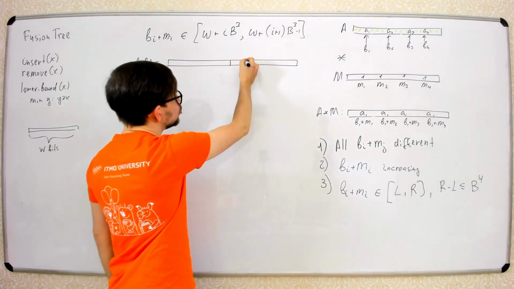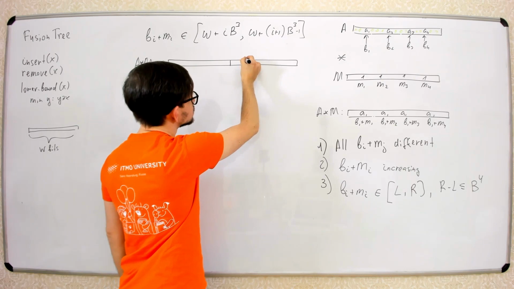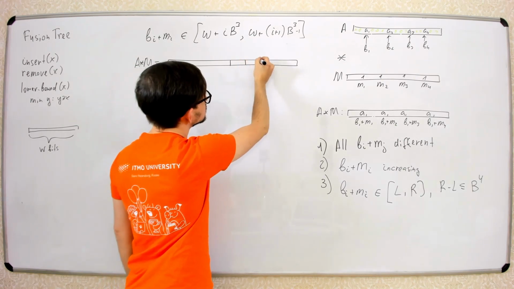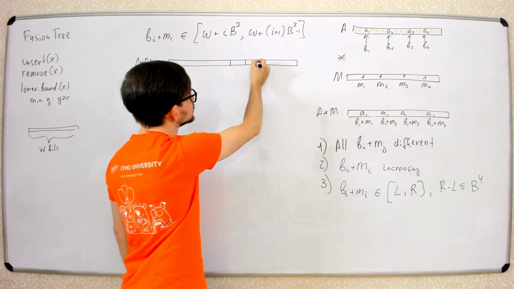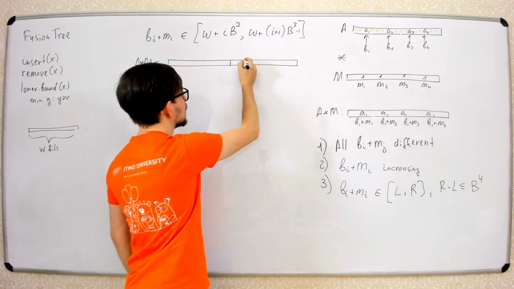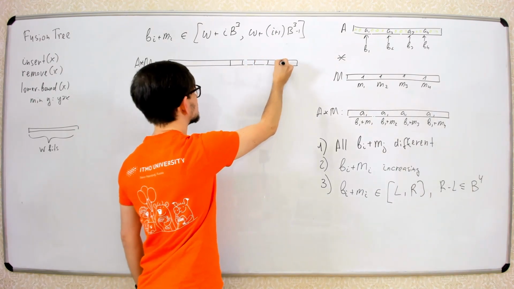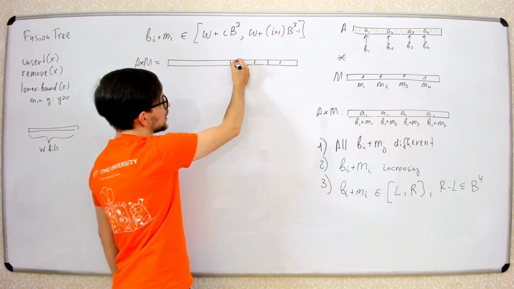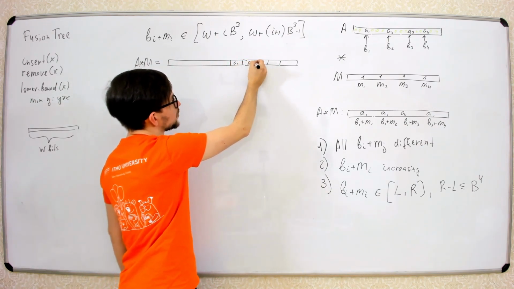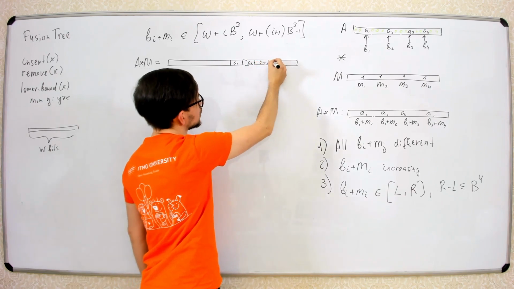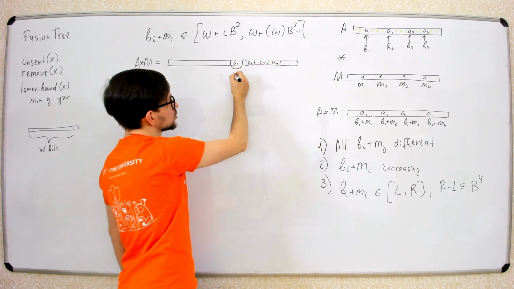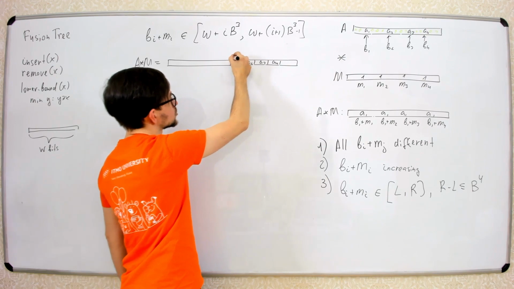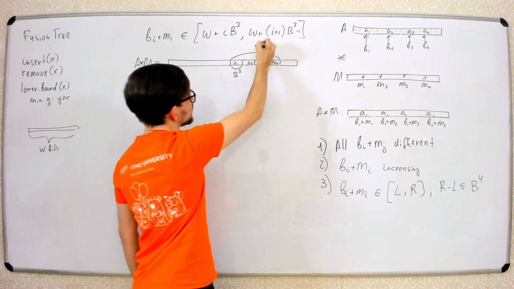So I will put them here. I will make 4 groups. So bit A1 will be put here, bit A2 will be put here, bit A3 will be here. So the size of each group is B, so the size of this sketch will be B to the fourth.